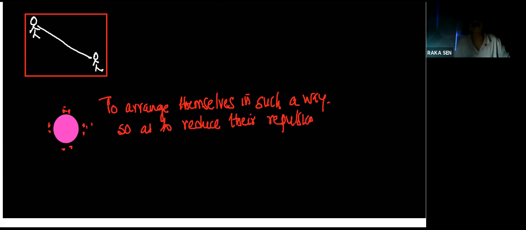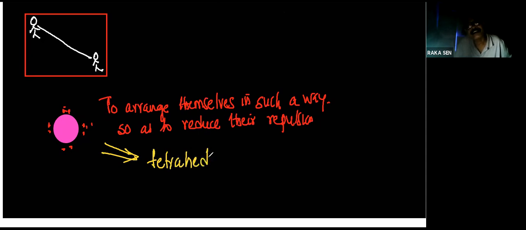And when we have got 4 pairs of electrons, it has been shown that the geometry where there is minimum repulsion is tetrahedral.